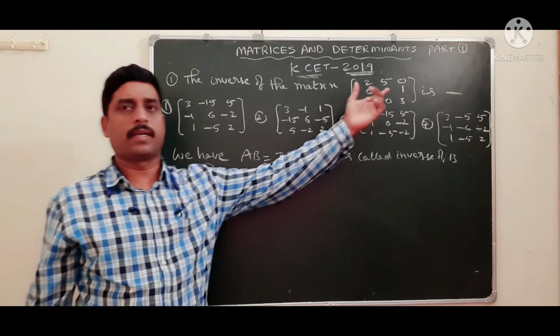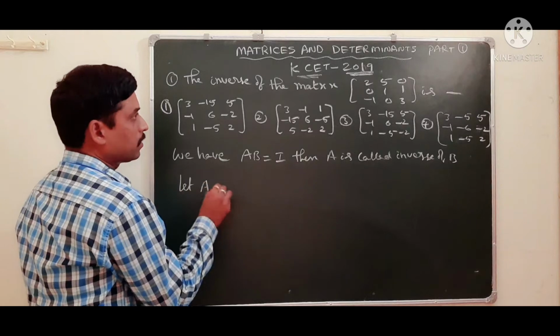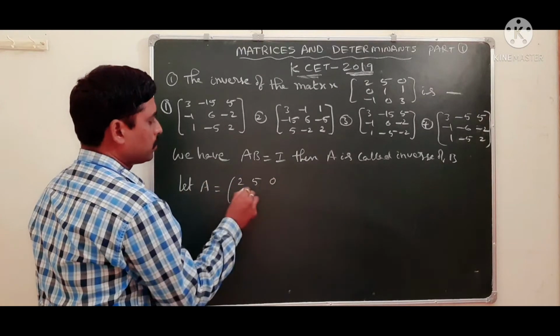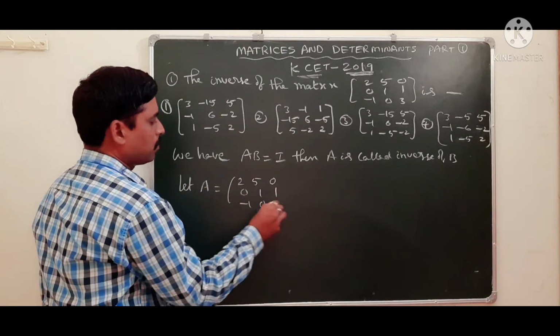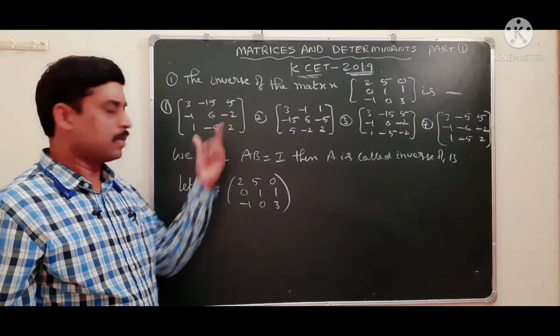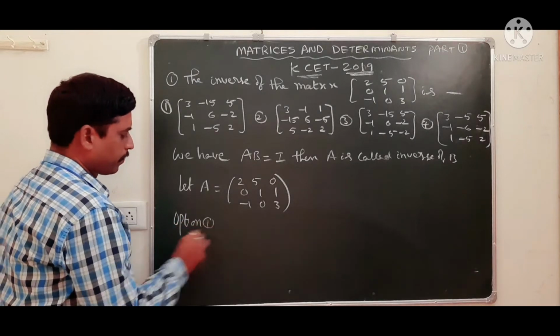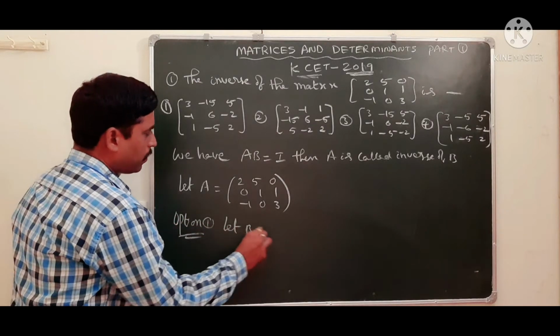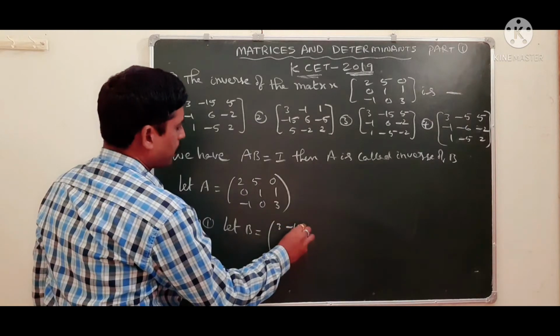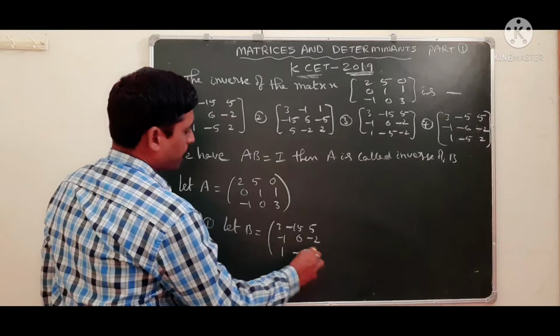So given matrix, let us call it A. So A is equal to, what is the matrix given? [2 5 0; 0 1 1; -1 0 3]. So let us take the first option. For the first option, let us take B. Option 1. Let us take B is equal to [3 -15 5; -1 6 -2; 1 -5 2].